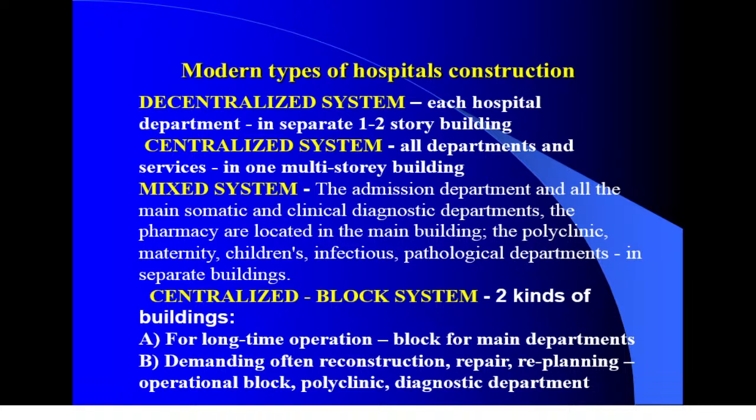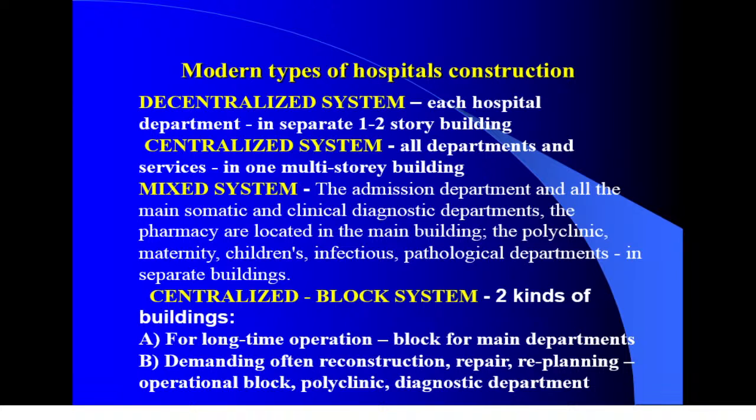The admission department and all the main somatic and clinical diagnostic departments, for example, X-ray, physiotherapy, clinical diagnostic laboratory, pharmacy, are located in the main building. And other premises such as polyclinic, maternity, children's infectious diseases departments are in separate buildings. Separate buildings have administrative services and the pathological department.